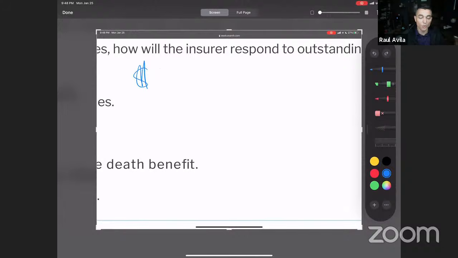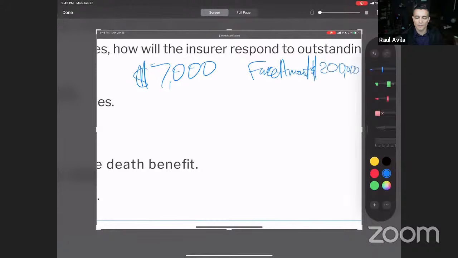The client pulled out from his cash value $7,000. Okay. And the face amount of the policy is $200,000, let's say. And then the client dies. What happens?